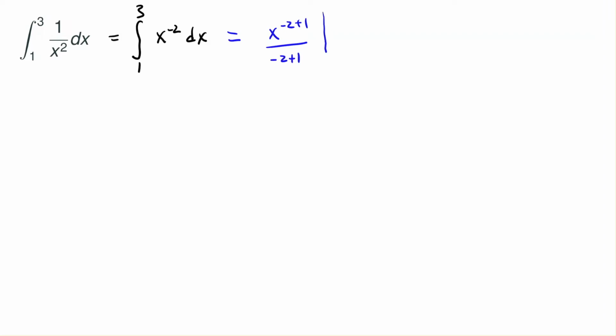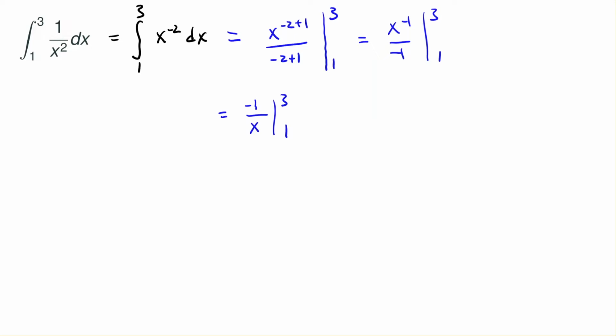Since it's a definite integral, we don't write plus C. And this is x to the negative 1 over negative 1, right? Which is the same thing as negative 1 over x to the 1 power.